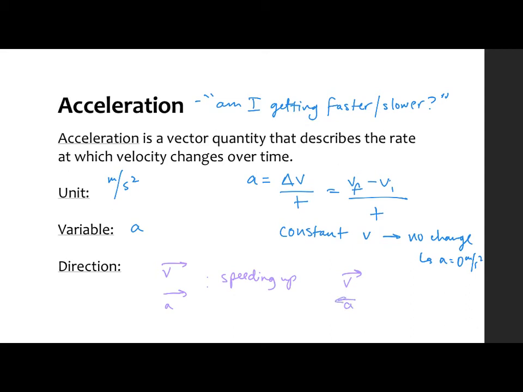That means something is pulling you backwards, which means you're slowing down. So a negative acceleration doesn't necessarily mean you're slowing down. It could also mean you're speeding up in the other direction. Sometimes, for simplicity of calculations, you might even use a negative sign to indicate you're slowing down as well.